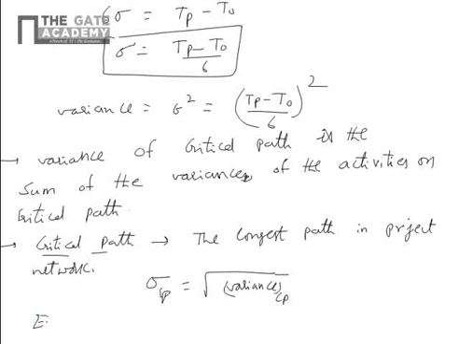Expected time T equal to T optimistic plus 4 T most likely plus T pessimistic, by 6.